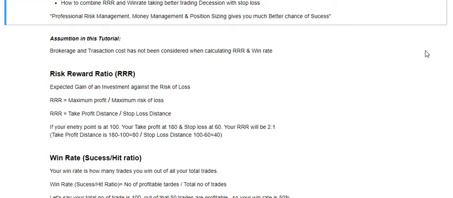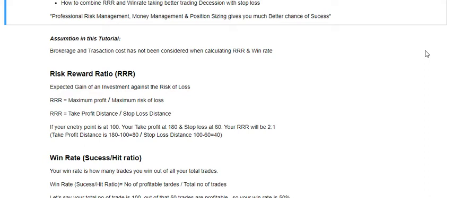So when I'm talking about my maximum profit, that is my take profit distance, from my entry point to the take profit point. Now when I'm talking about my maximum risk of loss, that is nothing but your stop loss distance, which is entry point to stop loss.